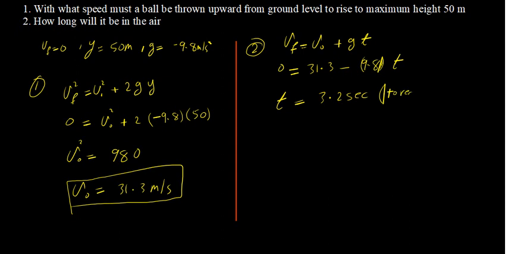But to find the time in air, it means going up to the maximum height and coming back. That will be double the time required to reach the maximum height.